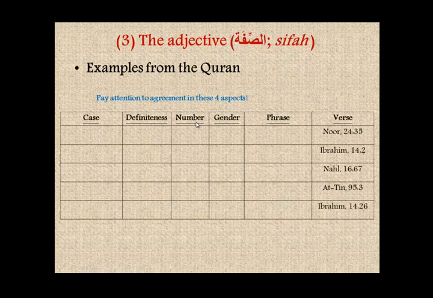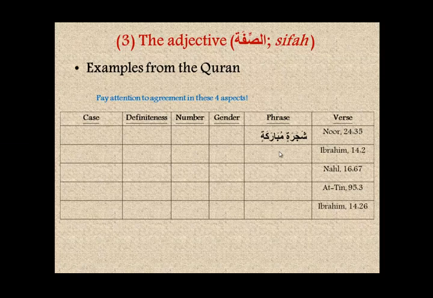Now let's review the adjective or the sifa by taking examples from the Quran. And I want you to pay attention to agreement, again, in these four fundamental aspects: case, definiteness, number, and gender. In Surah An-Nur, verse number 35, we have the phrase شجرة مباركة, a blessed tree.